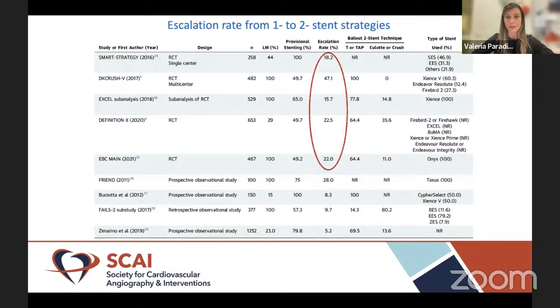But also when we look at escalation rate from randomized controlled trials, we see that the rate varies across all the studies, probably reflecting different operator choice, different selection criteria, but also different definitions for suboptimal circumflex result.